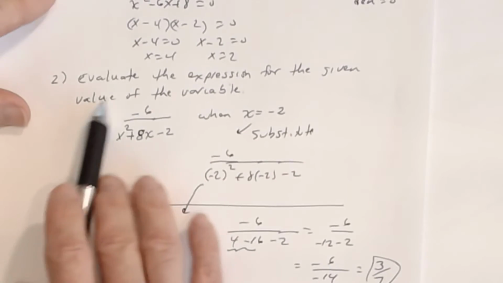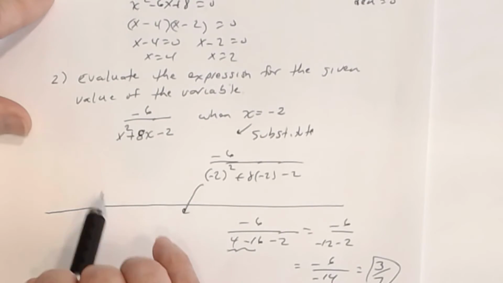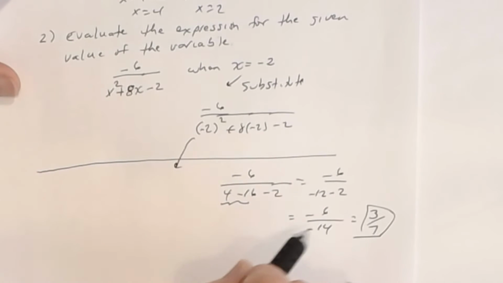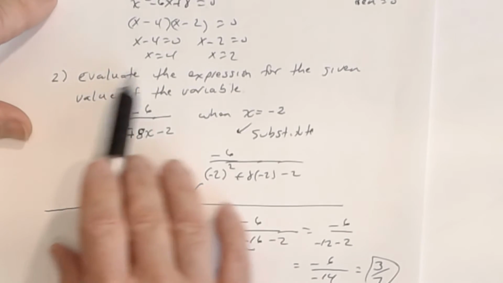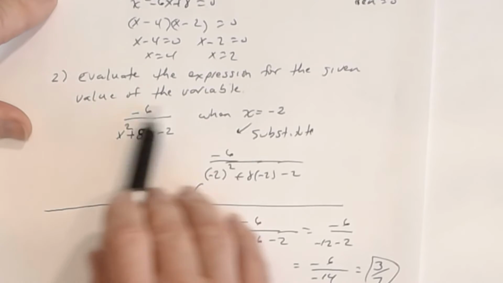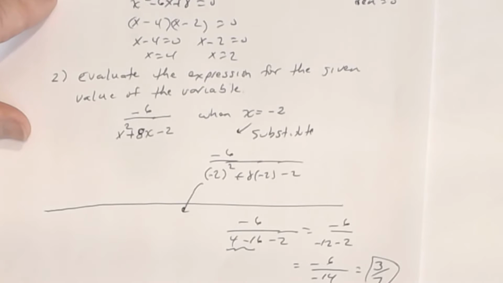That idea is the same here. So all you do is just substitute negative 2 wherever you see the variable x, and they just want to evaluate it. They didn't ask you where this is 0. They just want to know what this whole thing is equal to when you substitute negative 2 in place of x. All right, so that's number 2.